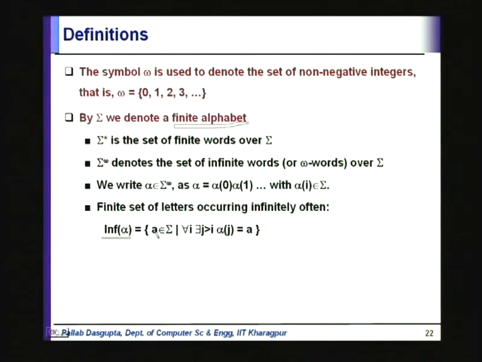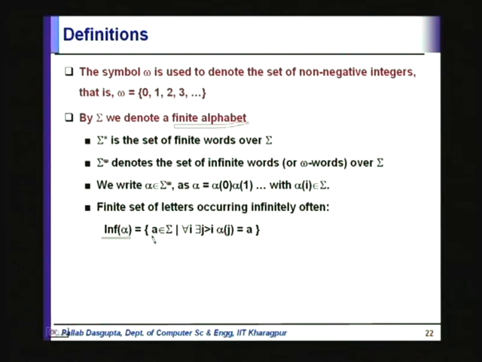So it's the set of symbols A belonging to sigma, such that for all i there is some j greater than i, such that alpha j is A. So in other words, wherever you are in this word, there is always another future position in the word where A occurs again. That's another way of saying that A occurs infinitely often. So there is no last A in the word.